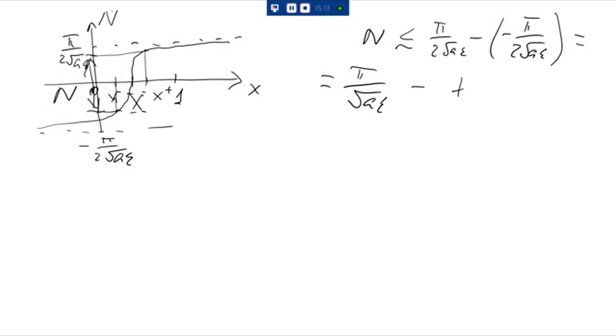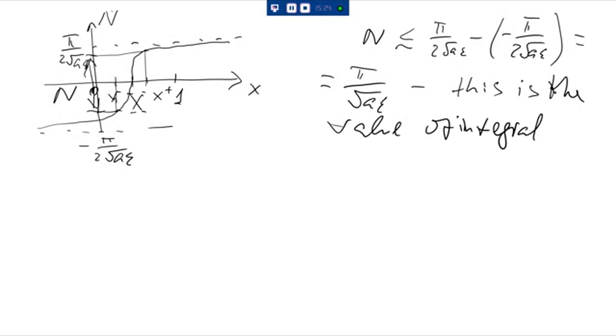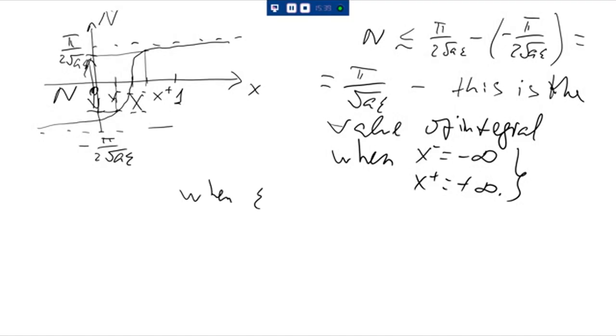Basically, this is the value of the integral when x minus equals minus infinity and x plus equals plus infinity. But when epsilon is small, the difference between this pi over square root of a epsilon and n, our integral, is small.